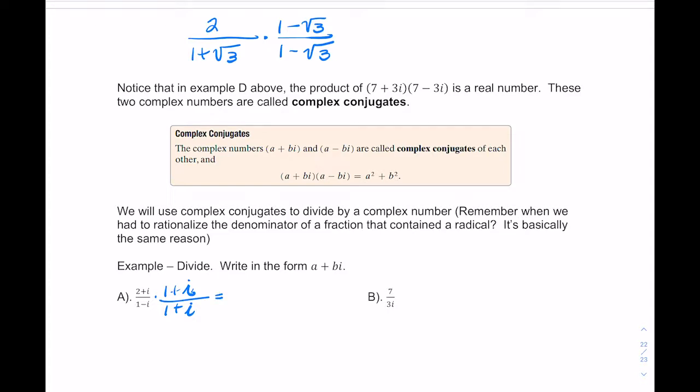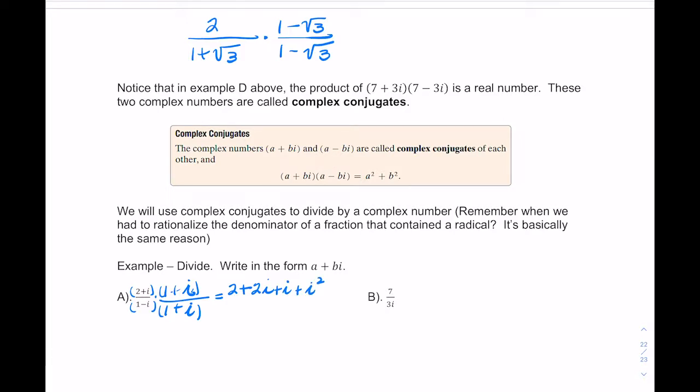So on the top, I'm going to have to end up FOILing because I have two binomials. Okay, so if you FOIL the top part, 2 times 1, 2 times i, 1 times i, and i times i.